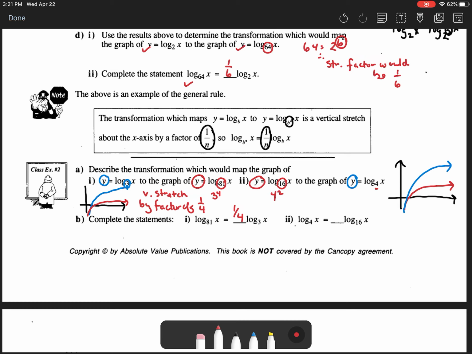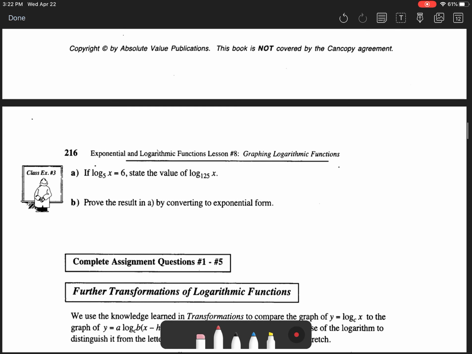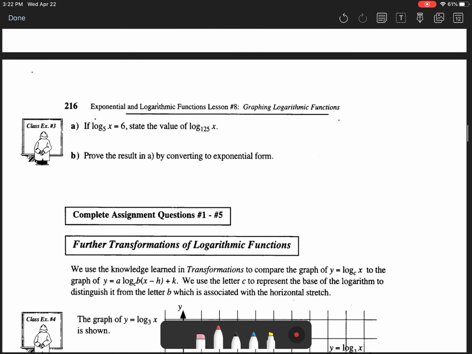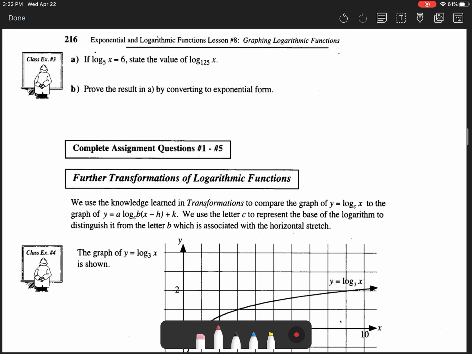So again, what I do is I take a look at those bases. Here it's 4. This is 16, which is what? 4 squared, isn't it? So that means that I am actually stretching by a factor of 2. I take that log base 16 of x, stretch it by 2, double its distance, and I end up at the blue graph this time. Okay, vertical stretch by a factor of 2.